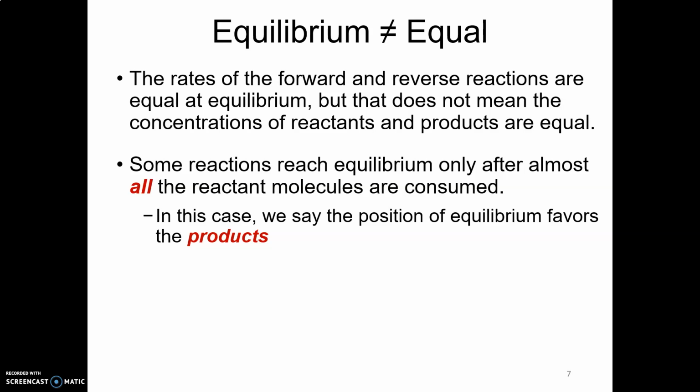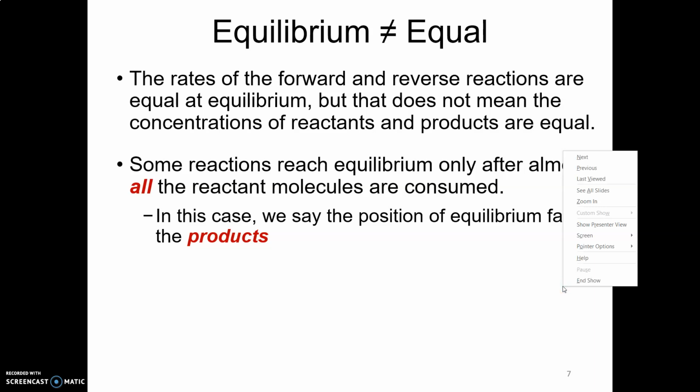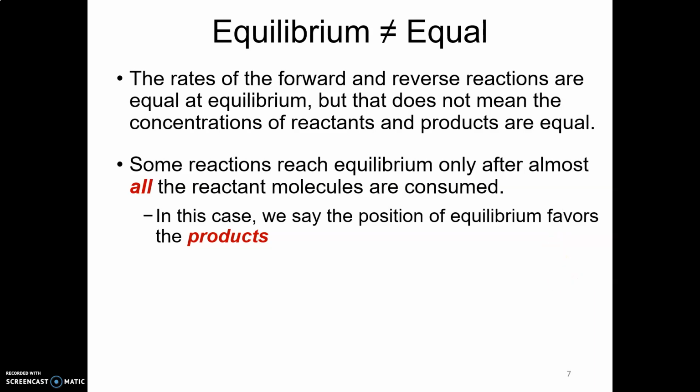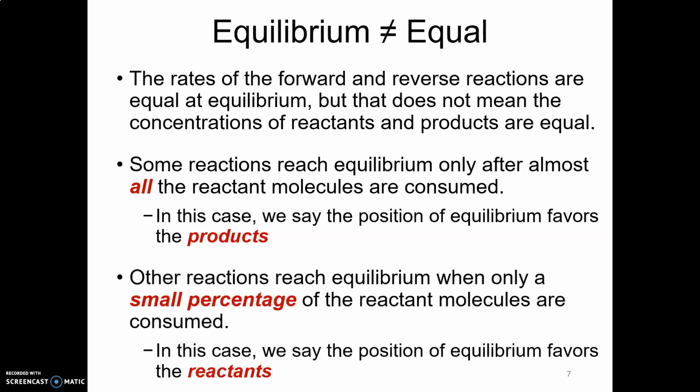Usually, an equilibrium is what we call product favored, meaning almost all of the reactant has been consumed to make product, or we have an equilibrium that's reactant favored, which is the exact opposite. Not very much reactant was consumed at all, and we hit our equilibrium.